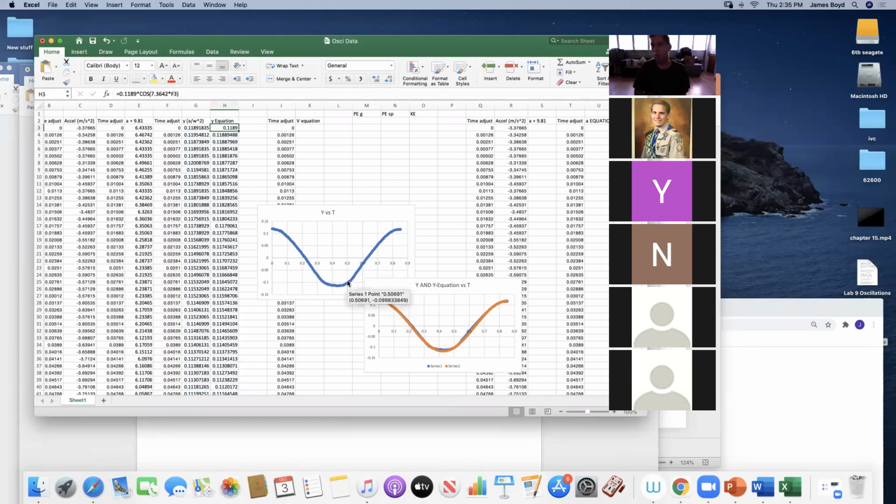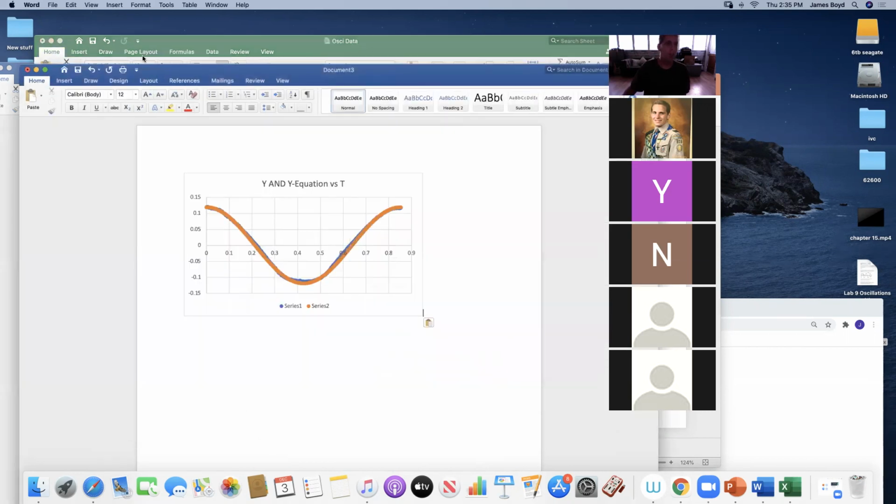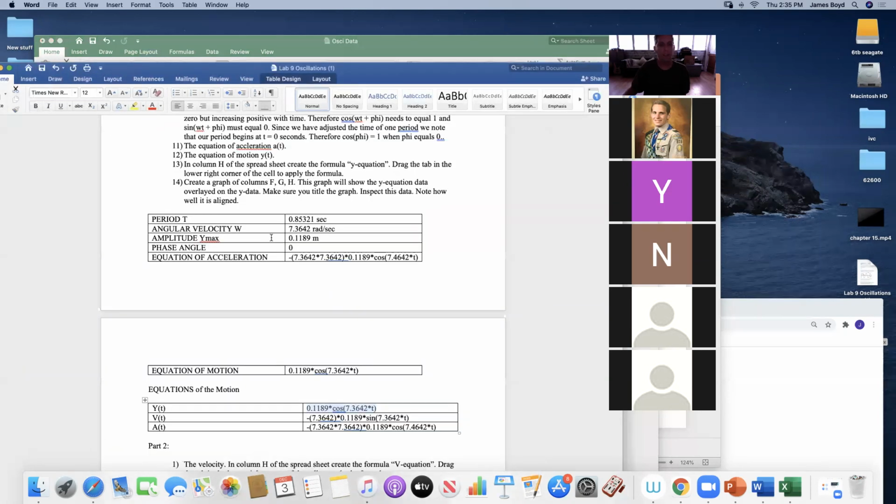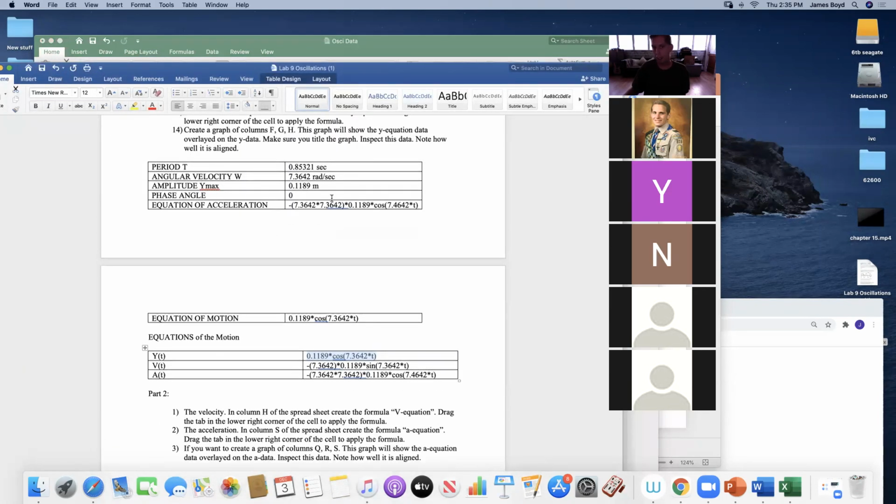And I urge you, if you want, play with it a little bit. See if you can get it to exactly overlap to where you don't see any blue. I don't think you can, because real data doesn't follow an exact cosine, but it's pretty good. So going back to this, we've now got our data table that I want you to include in the worksheet.